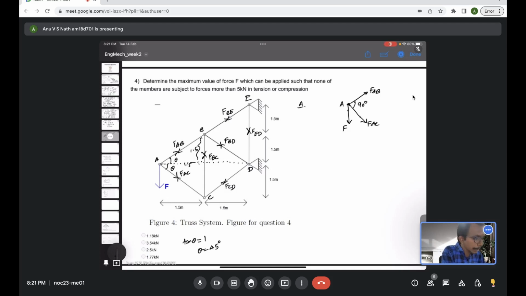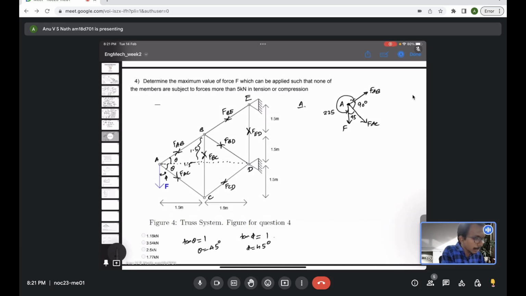And what is this other angle? Let's say this angle is phi. If you see tan phi, the opposite side is 1.5 and the adjacent side is also 1.5. So tan phi is also going to be 1, so phi is also 45 degrees. Then this angle is going to be 360 minus 135, which is 225 degrees.